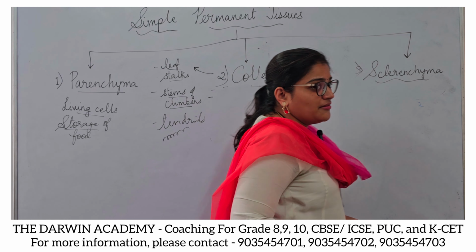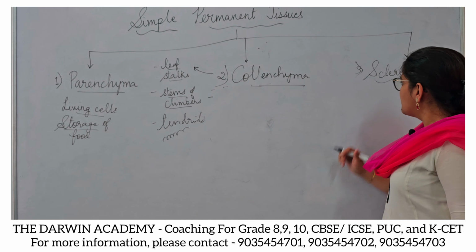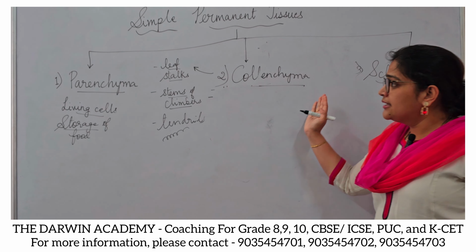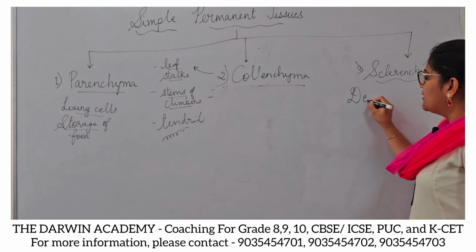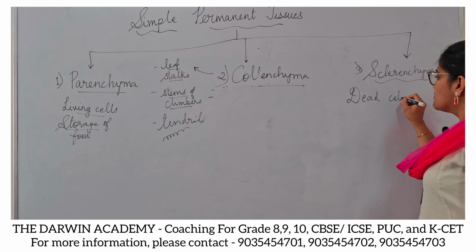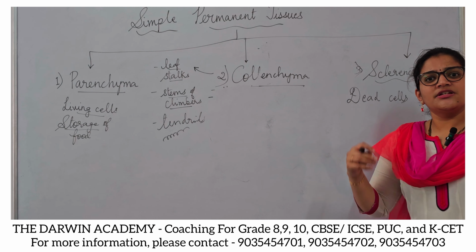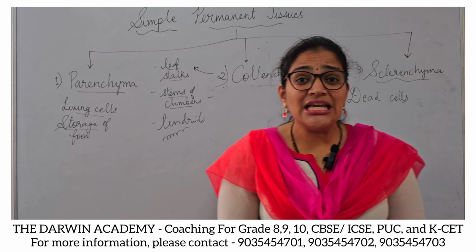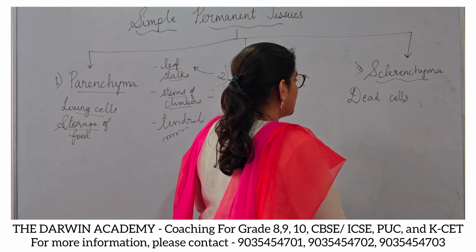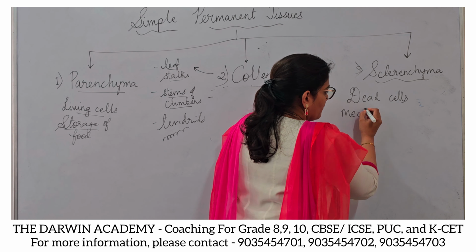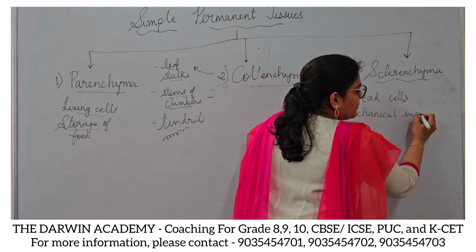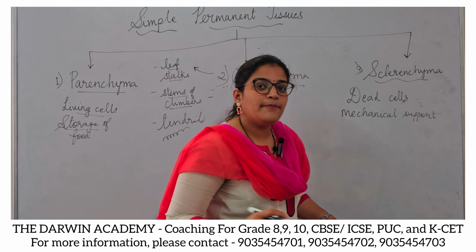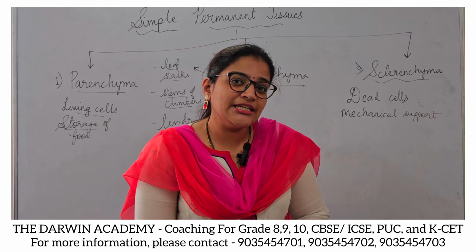Sclerenchyma, unlike collenchyma and parenchyma, consists of dead cells. But why should we have dead cells within the plants? It is to provide mechanical support to the plant, because plants don't have a skeletal system.